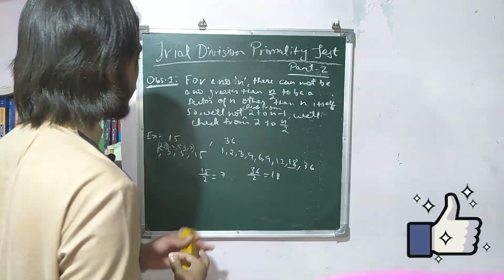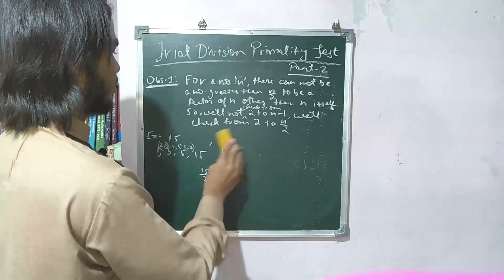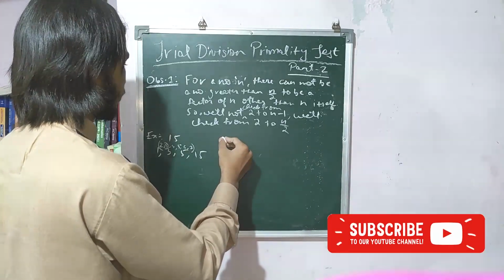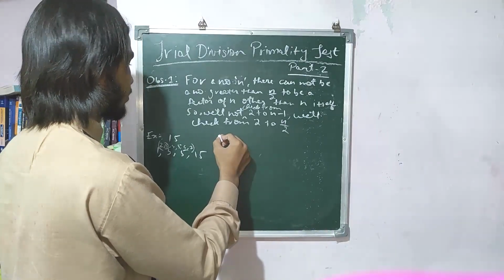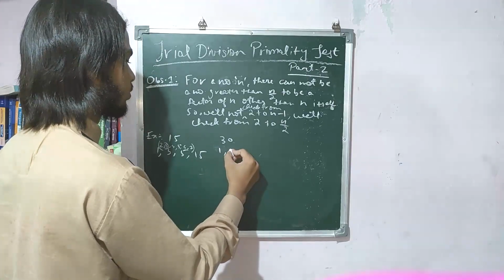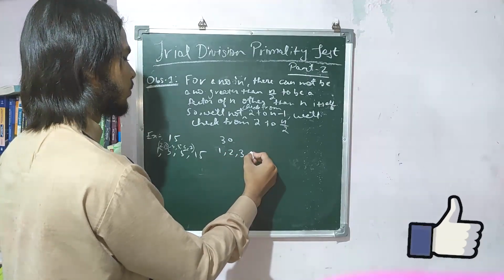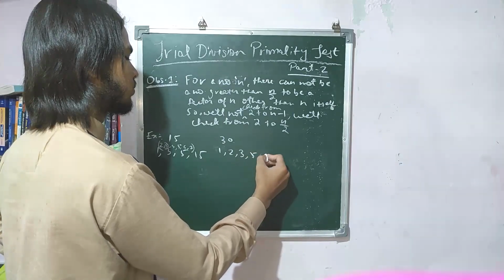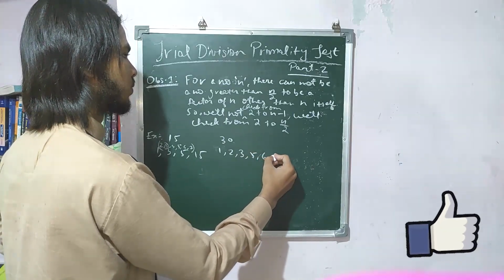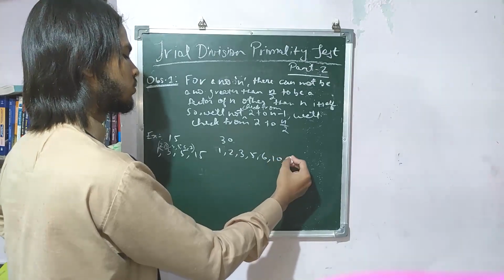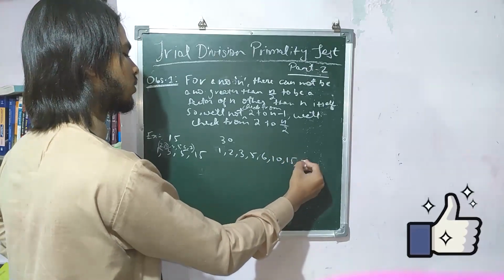We'll take another example so that you will be convinced. 30. The factors are 1, 2, 3, 5, 6, 10, 15, then 30.